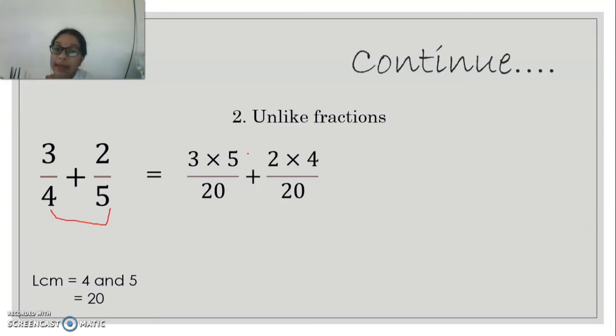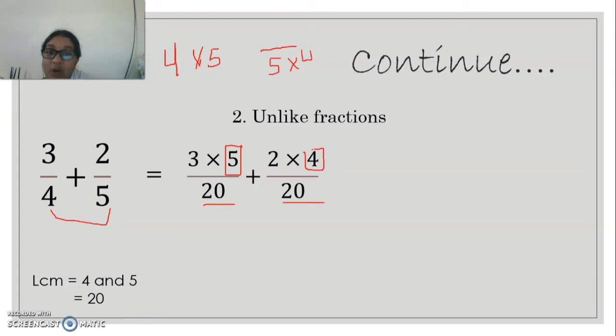Now, why am I multiplying with 5 and 4? To get to this 20, this 4 is multiplied by 5 and this 5 is multiplied by 4. Now, we are doing the same job over here.